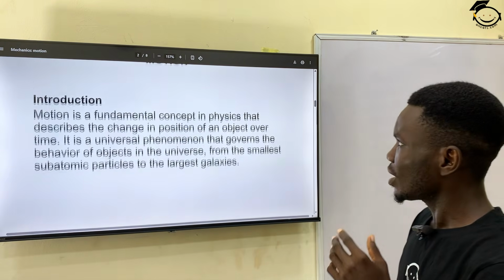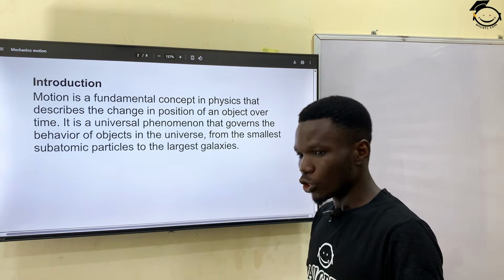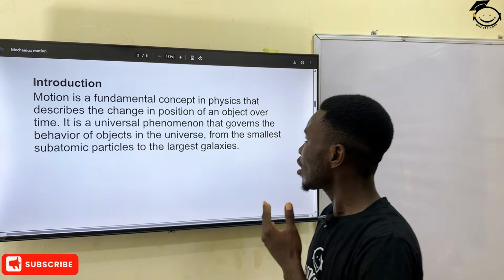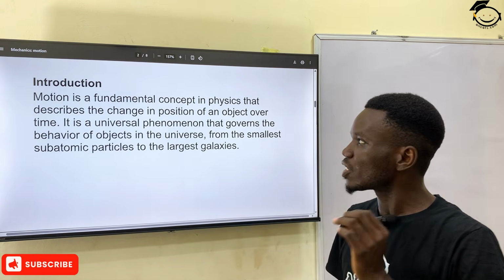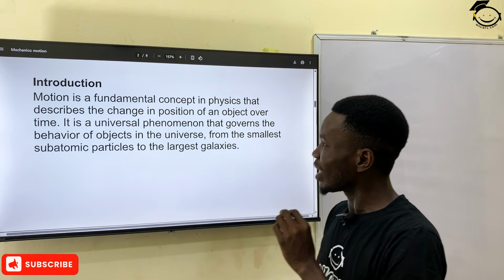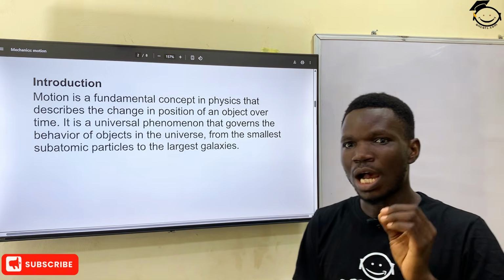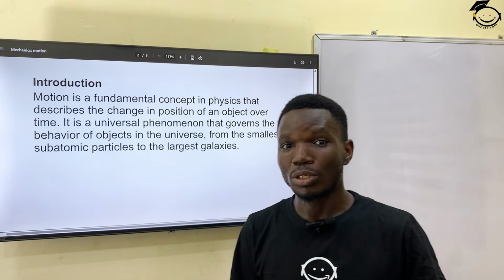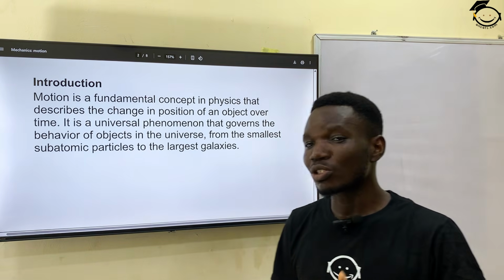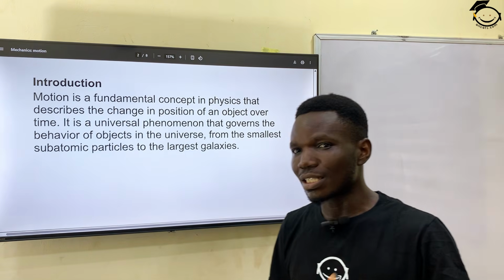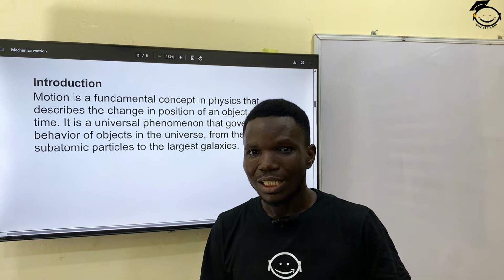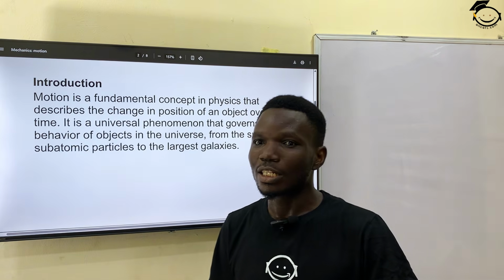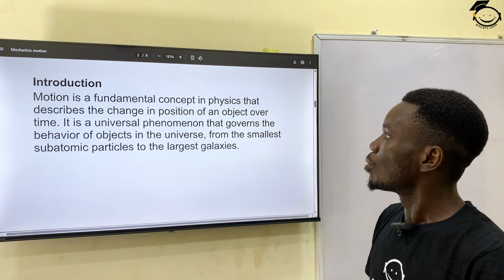Okay, so what then is motion? Motion is a fundamental concept in physics that describes the change in the position of an object over time. And motion was brought about by great scientists like Sir Isaac Newton, who developed the work of a prominent scientist, Sir Galileo Galilei, who first worked on motion.